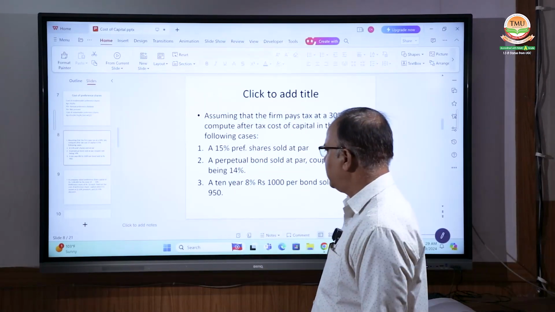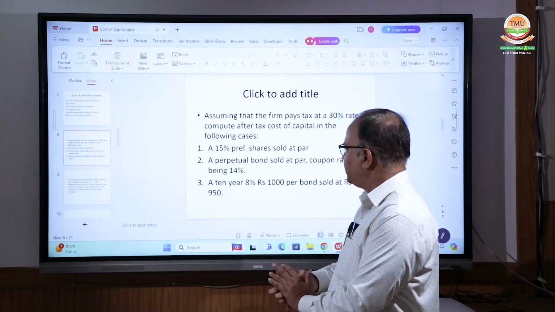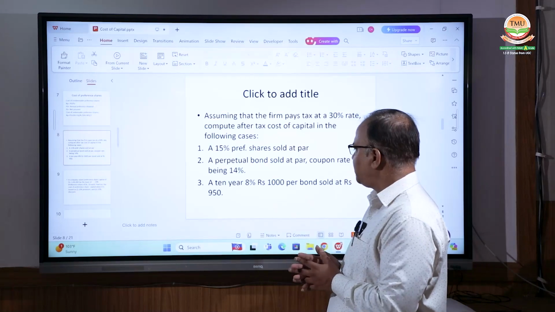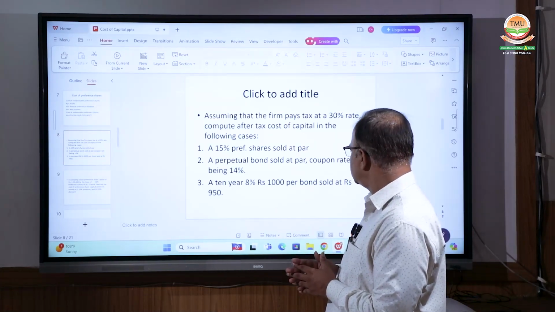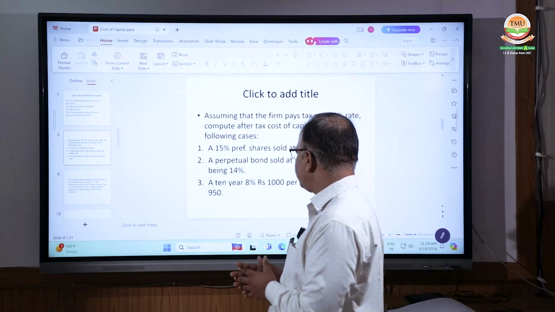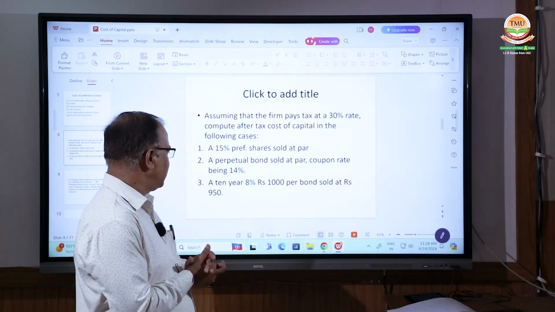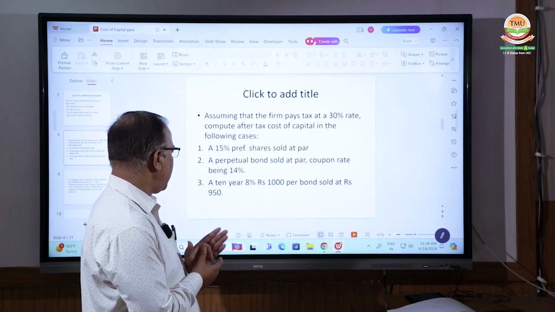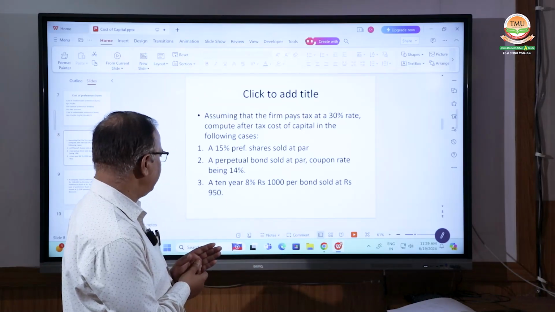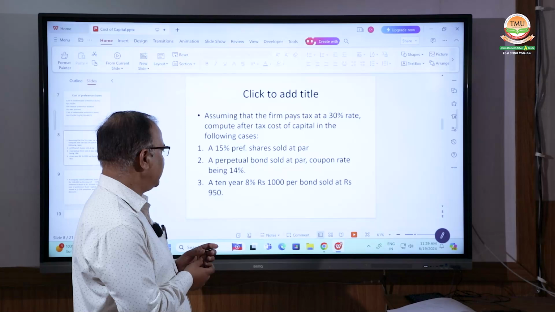Now, problem number 3. A 10-year 8% rupees 1,000 par bond sold at rupees 950. Here, two things are given to you. 1,000 par bond sold at rupees 950, 10 year.